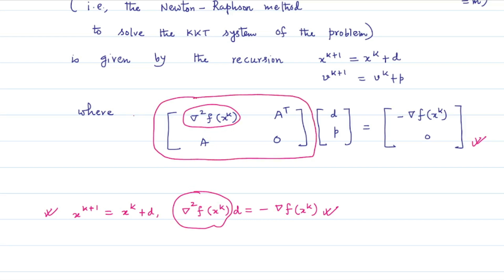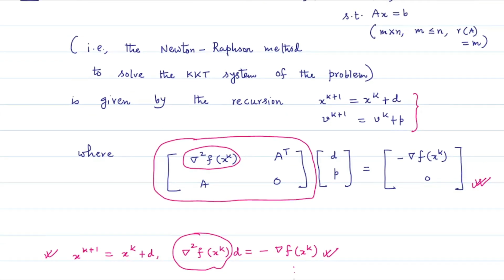So this matrix times, instead of d we have two components d and p, and on the right hand side instead of this negative gradient we have added a few more zeros, and accordingly we have gotten this system, which in turn gives us the recursive formula over here. And therefore it is commonly said that the Newton's method for a constrained optimization problem with equality constraints is identical with the Newton's method for unconstrained optimization problems.